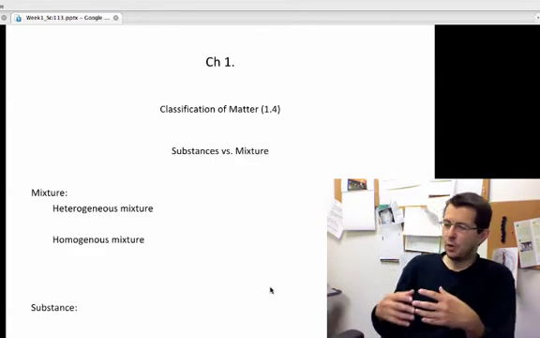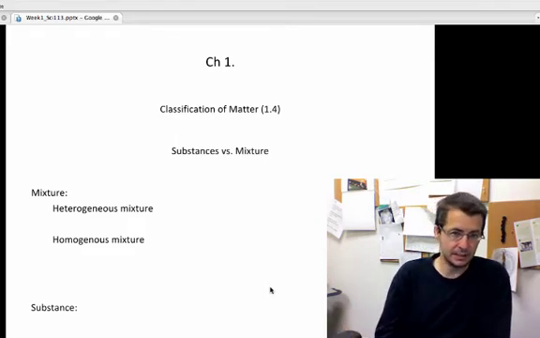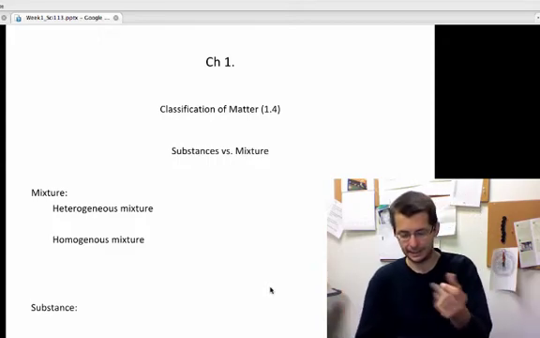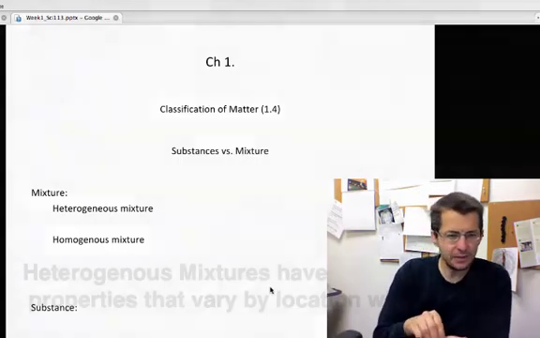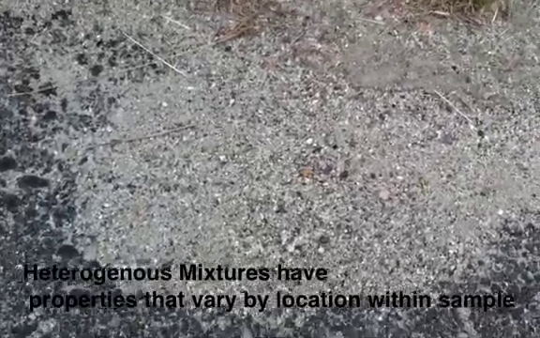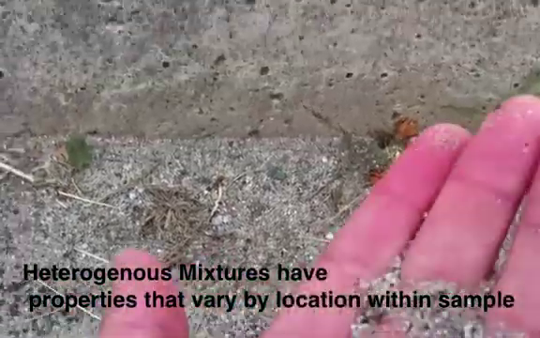A heterogeneous mixture is one where there's an obvious difference between the components. For instance, sand, again, the example I was using. If you look at sand, you'll see that it's composed of many different colored grains. Heterogeneous mixtures have properties that vary from location to location within the sample.